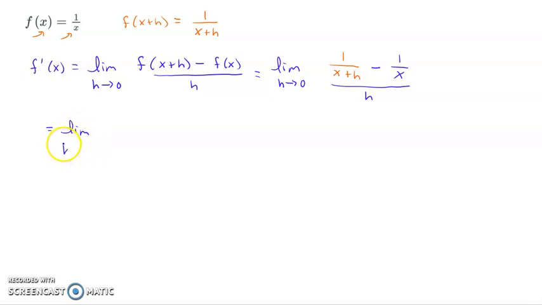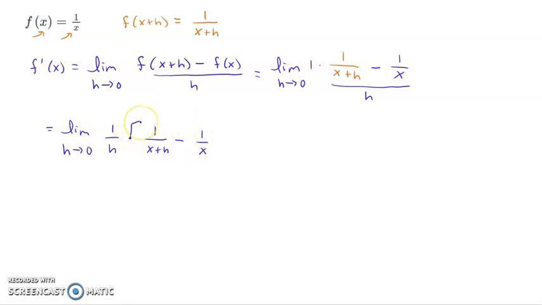So I've still got my limit as h goes to 0. You can kind of think of a 1 on top of here. So I'm going to pull out the 1 over h. And that's going to leave us with this 1 over x plus h minus the 1 over x.